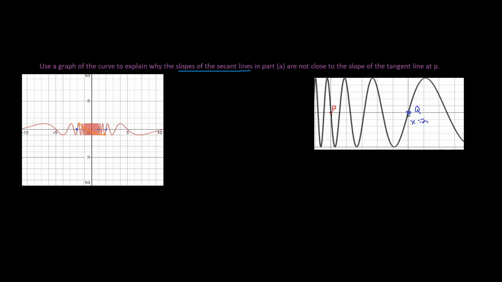It might stretch out over there. And so these secant lines, you can't even tell where they're going actually. So it's kind of hard to determine where the limit's going because of how these secant lines are everywhere in our curve.